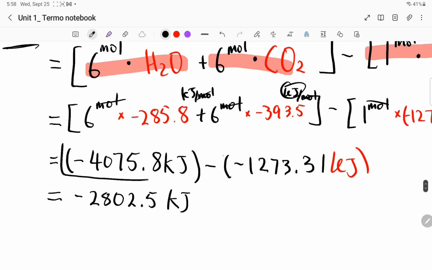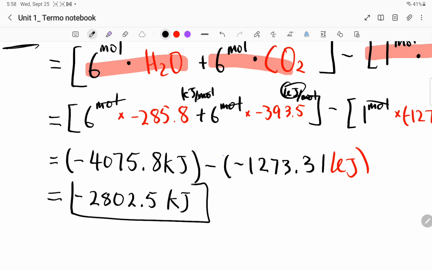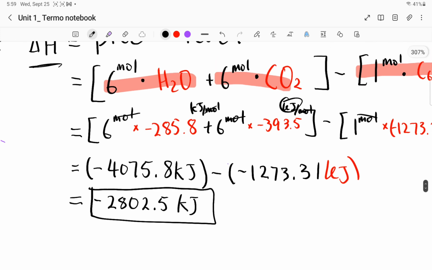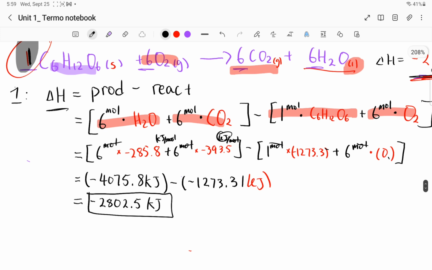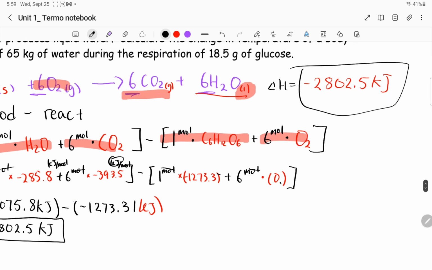Overall, you get this number minus that number, and your final answer for the enthalpy of the respiration of glucose is negative 2802.5 kilojoules. So we put that over here.